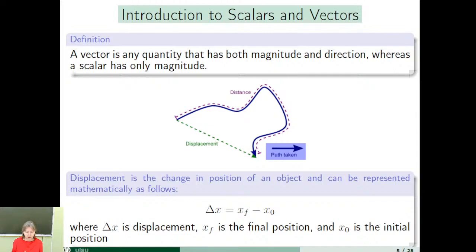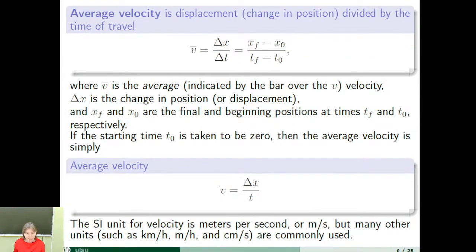This distinction becomes more apparent when we calculate average speed and velocity. Average speed is calculated as the distance traveled over the total time of travel. In contrast, average velocity is defined as the change in position, or displacement, over the total time of travel.